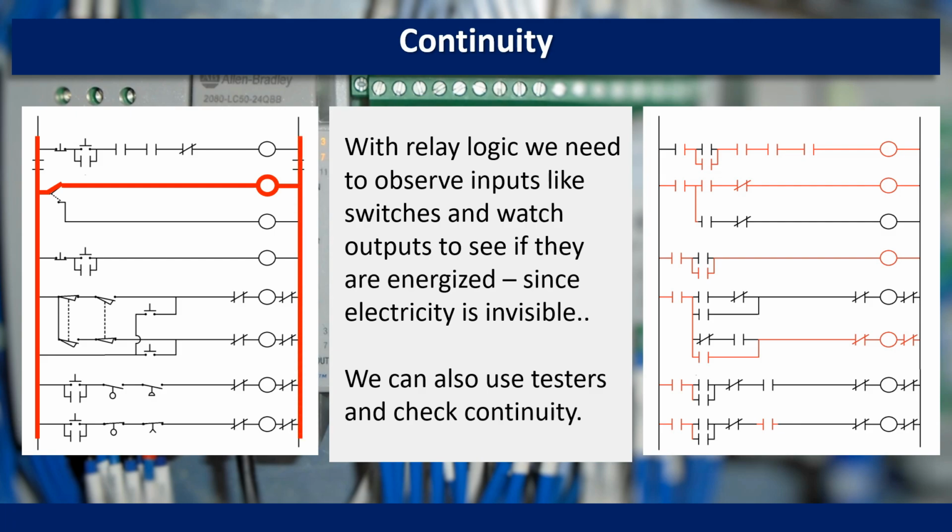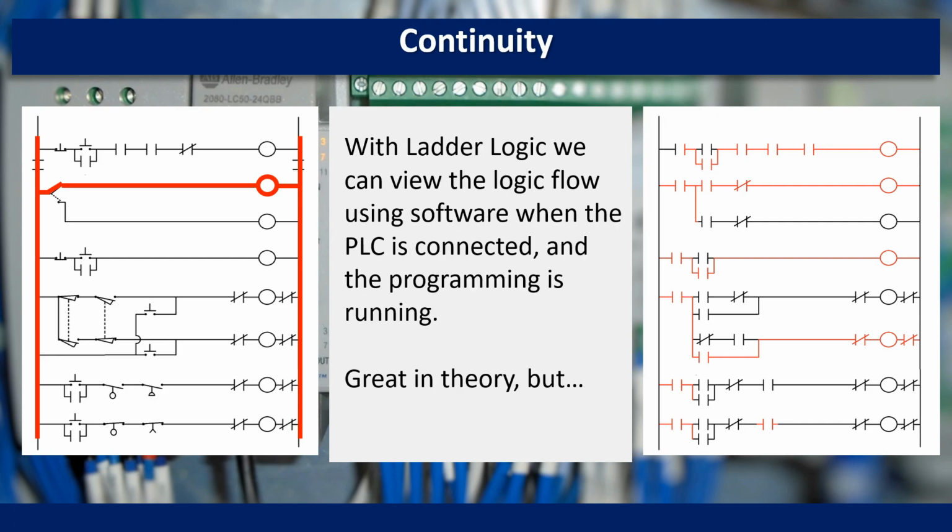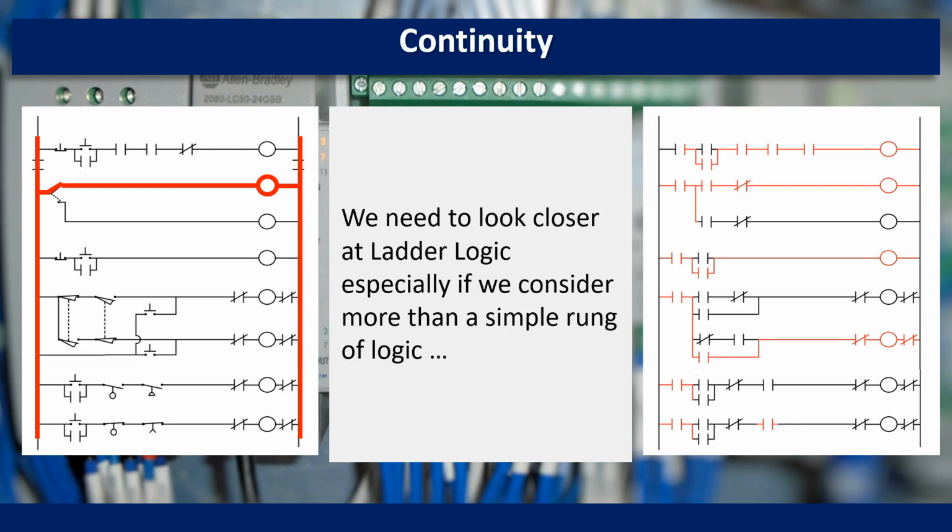We can also use testers and check continuity. With ladder logic, we can view the logic flow using software when the PLC is connected and the program is running. Great in theory, but we need to look closer at ladder logic, especially if we consider it more than a simple run of logic.